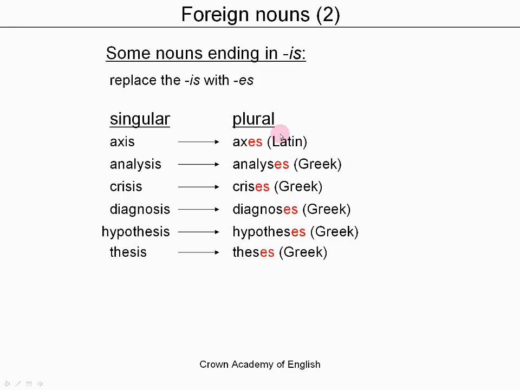It is useful if you see these words written, for example, if you see the word analyses, that you know it comes from the word analysis in the singular. And all of these are Greek, except the top one. This axis is Latin, and all the others are Greek. In fact, they have a Greek origin.